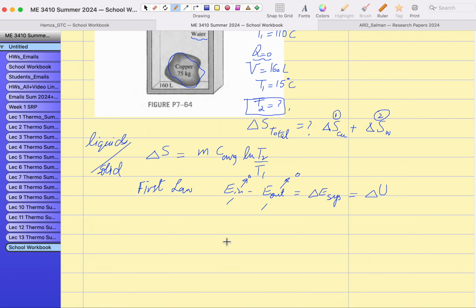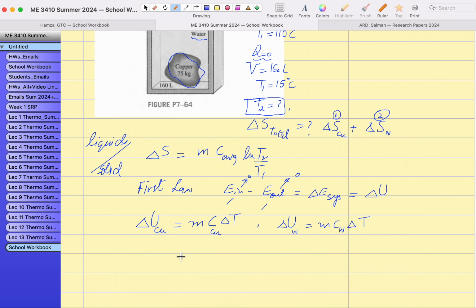We know that the change in internal energy of copper, or any substance, can be written as m c delta T. So we can find this for copper and similarly for water.